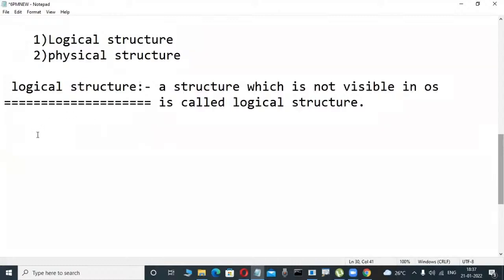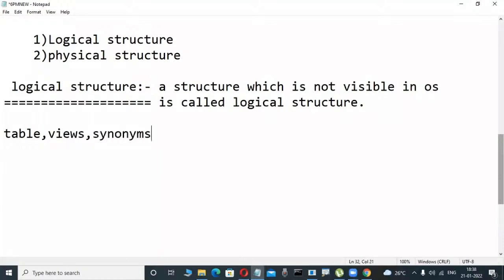But in this logical structure only, developers are working. Suppose I'm a PL/SQL developer, you are a SQL developer, Java developers, .NET developers, Python developers, ETL developers. These all persons are working in a logical structure. That logical structure contains tables in Oracle, SQL Server, MySQL. Views, synonyms, indexes are there.